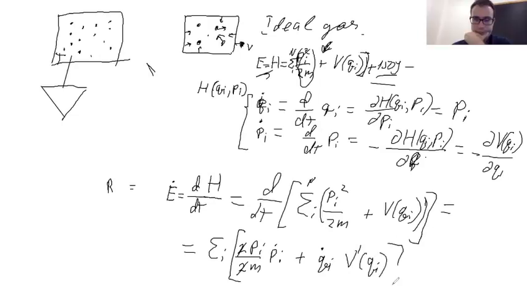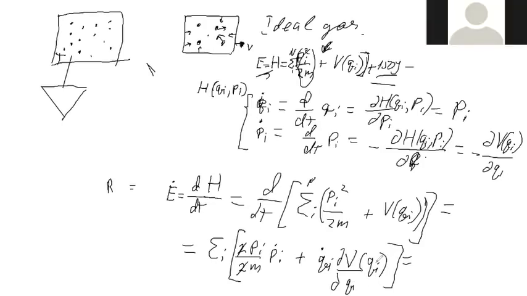All right. Now, I put prime, but okay, let's not put prime. It's not very nice. So derivative with respect to qi. But what is the derivative of V with respect to qi? Boris.